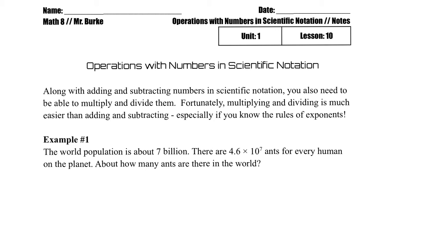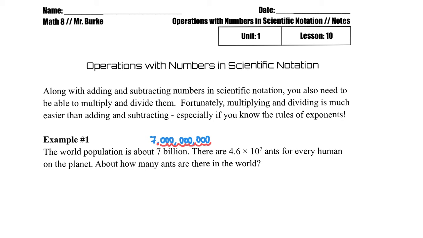So 7 billion is 7 with 9 zeros. It's 1,000 millions. If we change that into scientific notation, we're going to put our decimal point right here after the 7, and we're going to have 1, 2, 3, 4, 5, 6, 7, 8, 9.